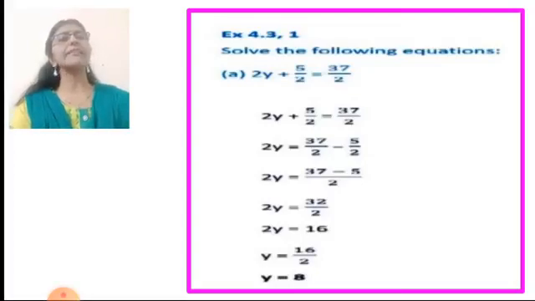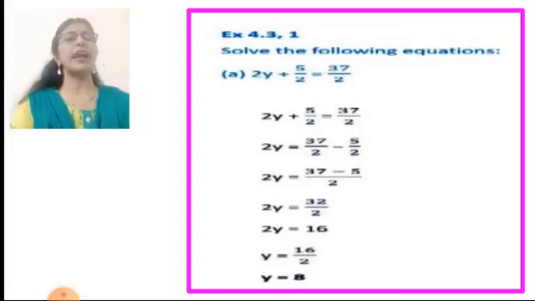First we will write 37 upon 2, and then 5 upon 2 is positive on the left hand side. So transposing 5 upon 2 to the RHS of the equation will become minus 5 upon 2, and then the new equation will become 2y is equal to 37 upon 2 minus 5 upon 2.